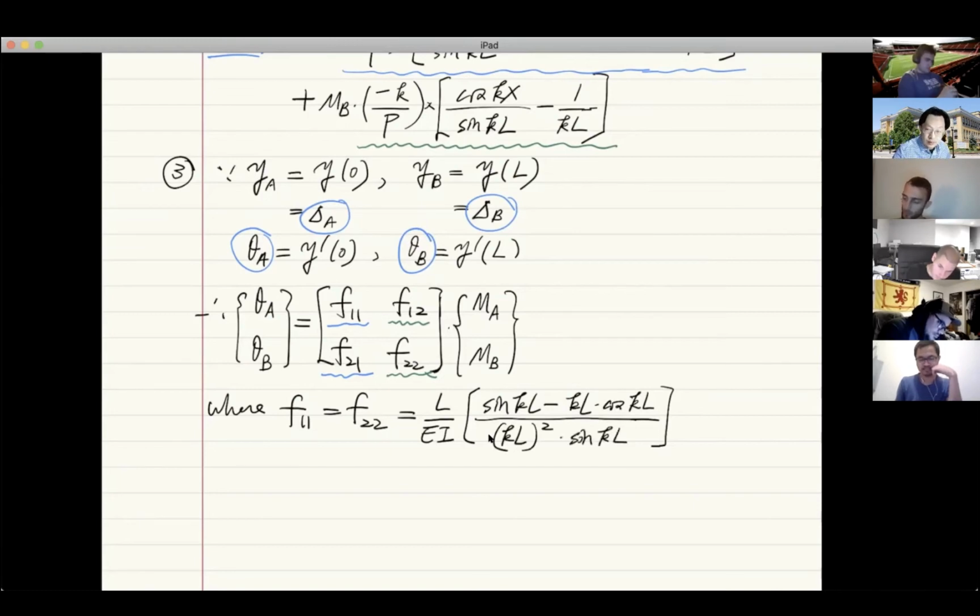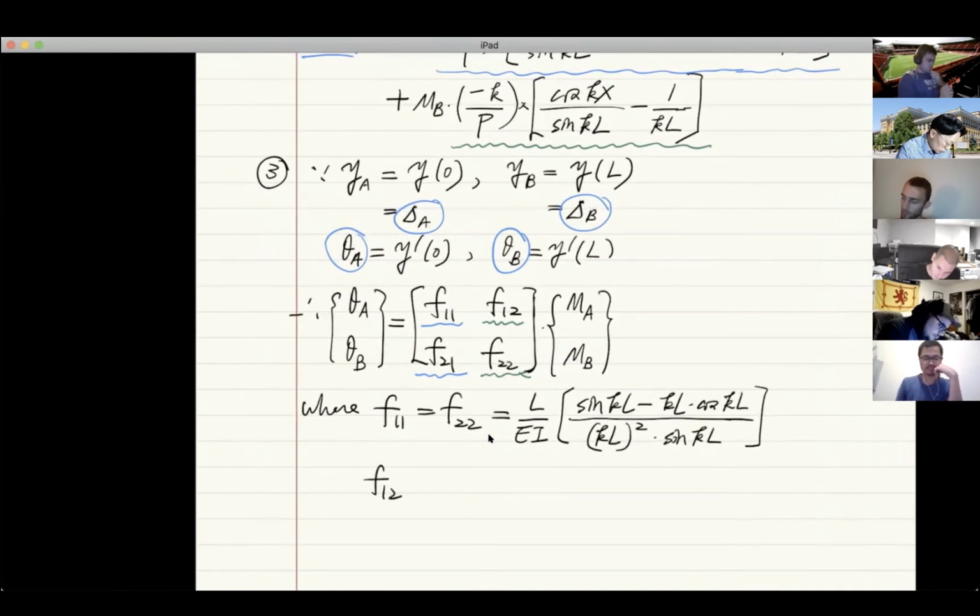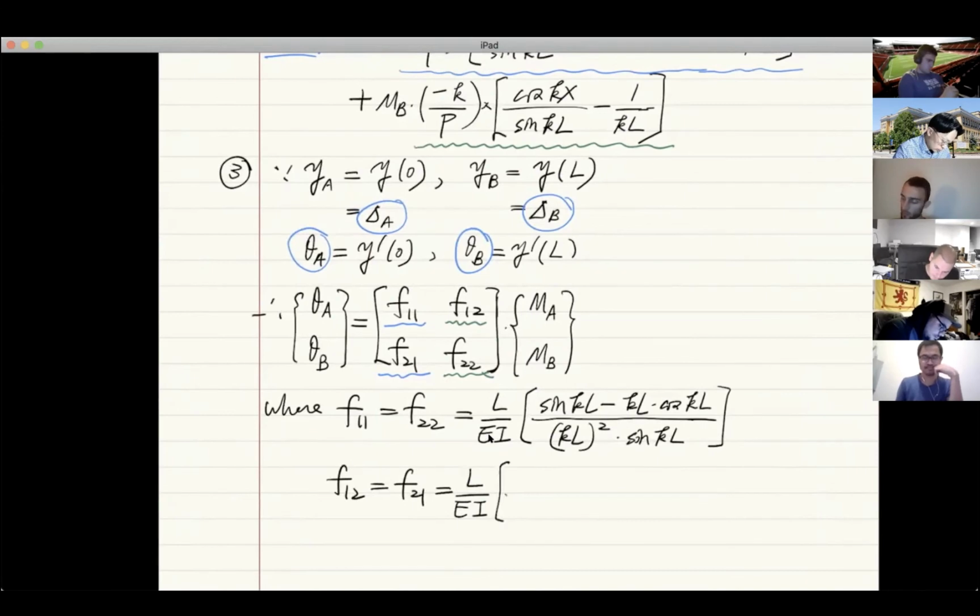This is F11, which also equals F22. F12 also equals F21, and the expression is L over EI times (sine KL minus KL) divided by K and L squared and sine KL.